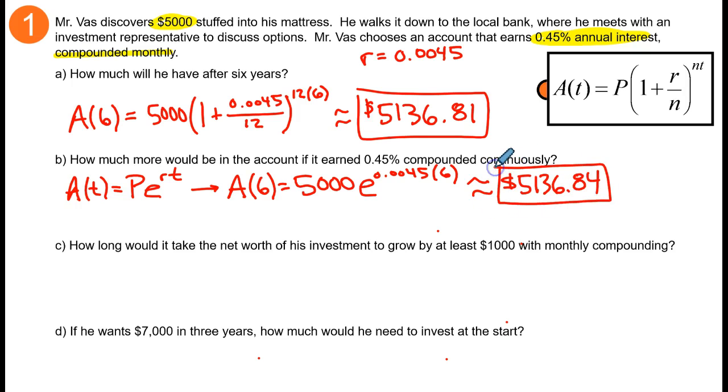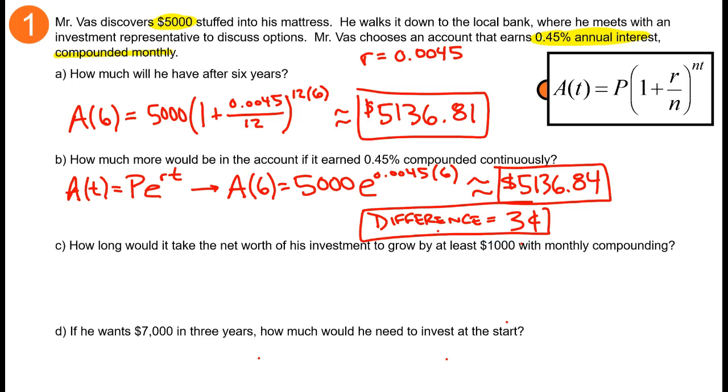So we do have to make sure we go back and answer the question. What's the difference between this amount and the amount in part A? Well, it looks like we would earn 3 cents more if we were in the account that was compounded continuously.